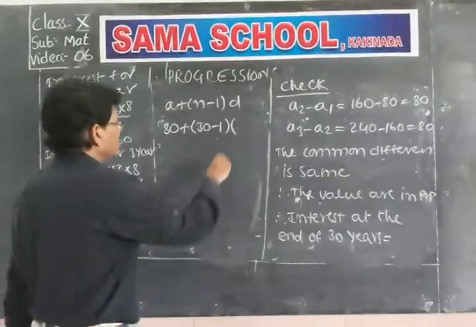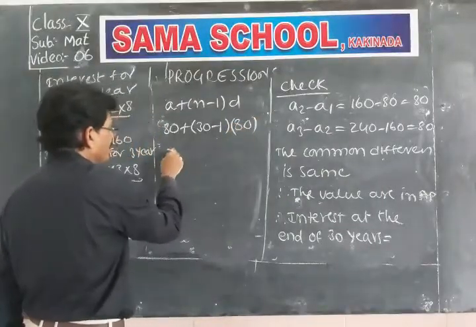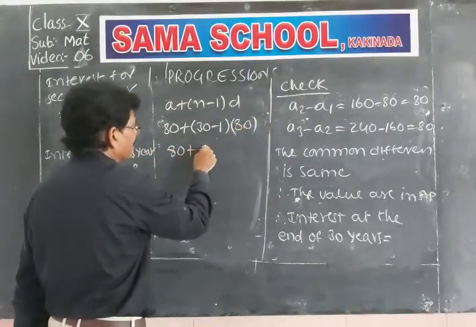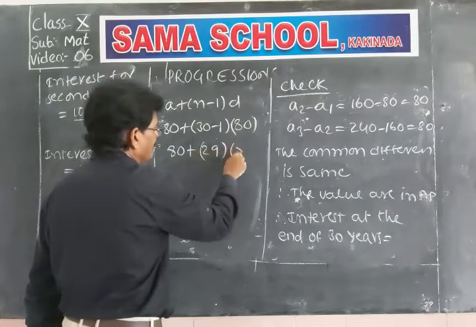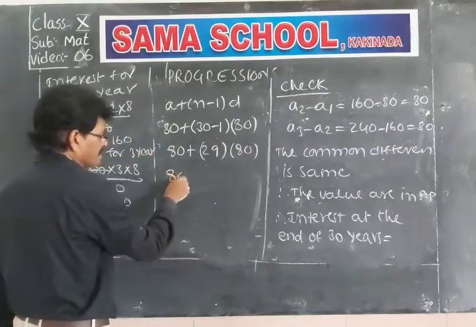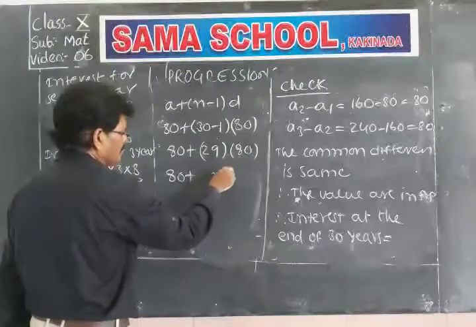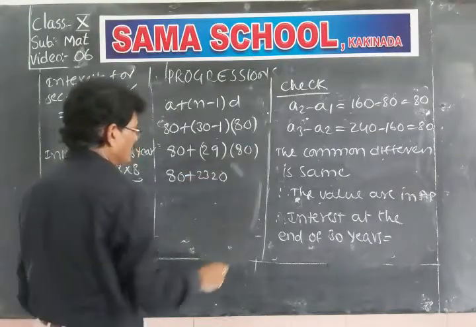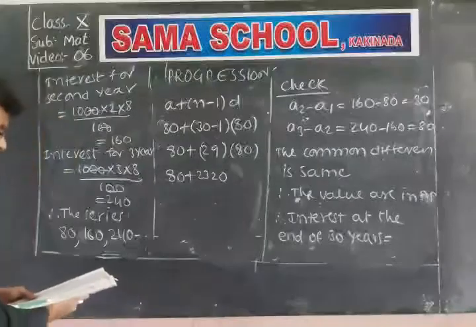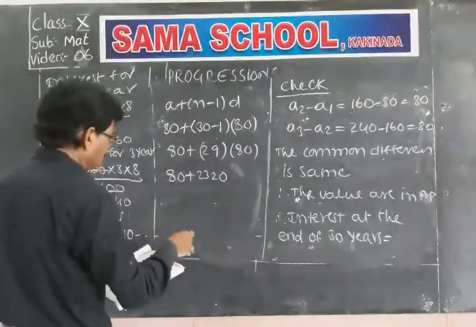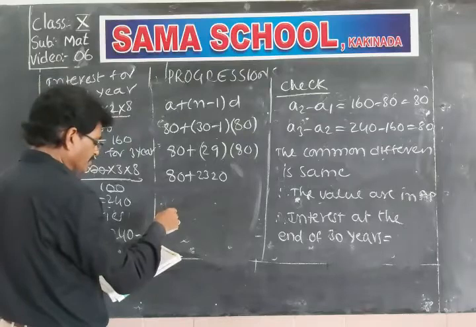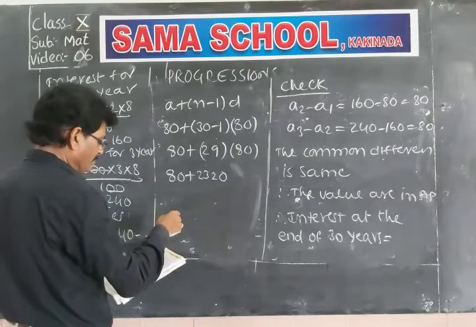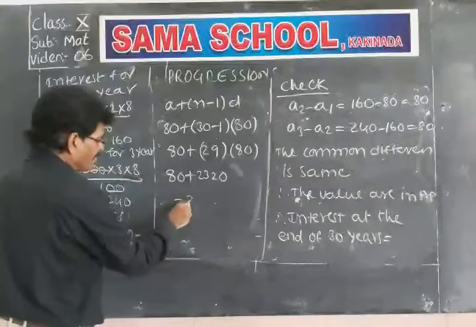Common difference is 80. 80 plus 30 minus 1, 29, into 80, plus 2320, it is equal to 2400.